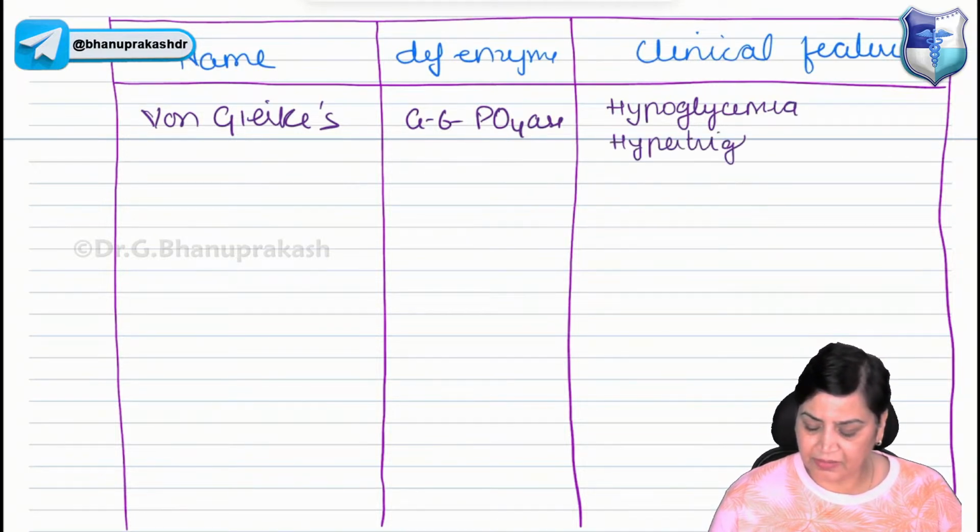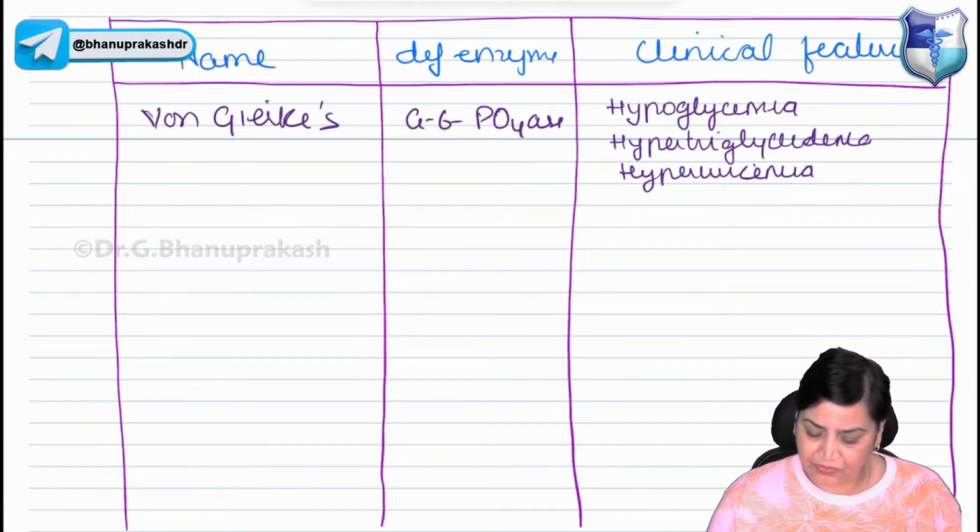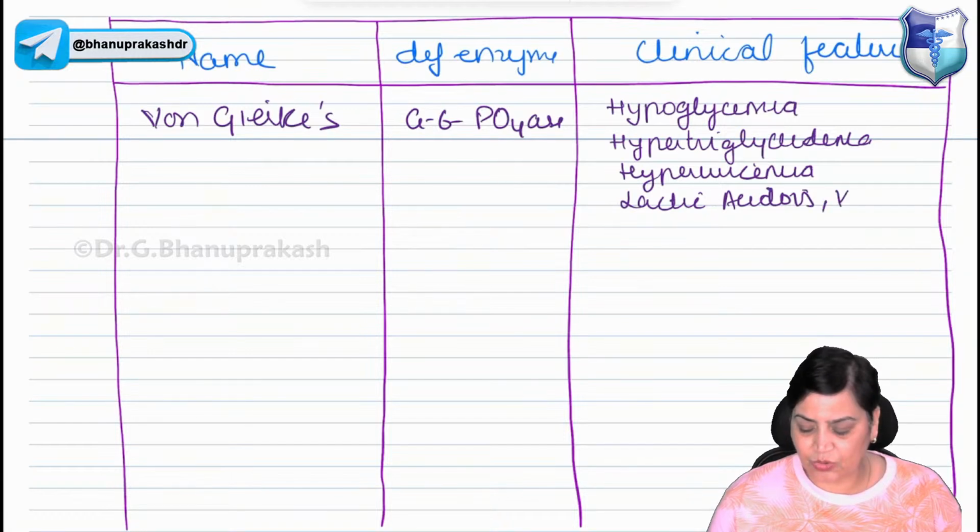Hypertriglyceridemia, hyperuricemia, right? Three hypers, so you get triple H. Then you can say lactic acidosis. These are the main features, right? And ketosis.